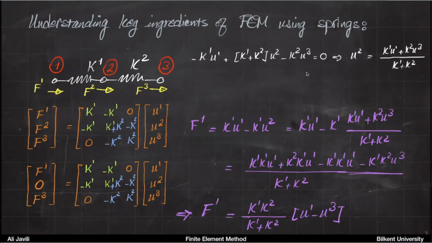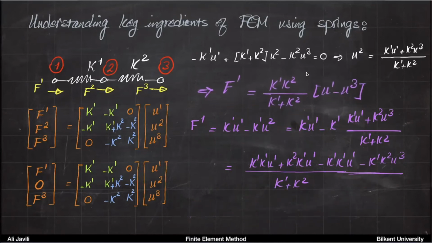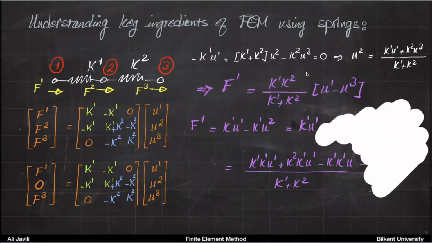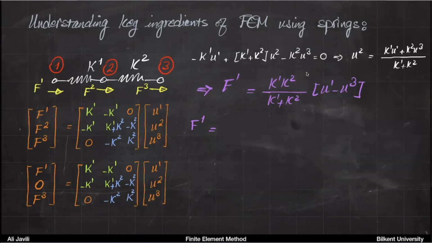So this is the first thing we did, and this is the second conclusion we just had. Now we want to repeat the same thing for F3. I'm going to write it in a different color so that it's distinguishable. Maybe this gray.